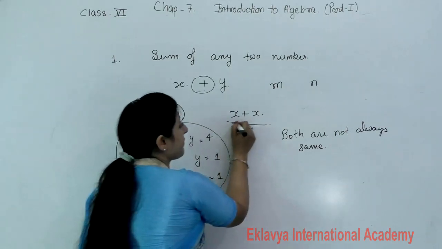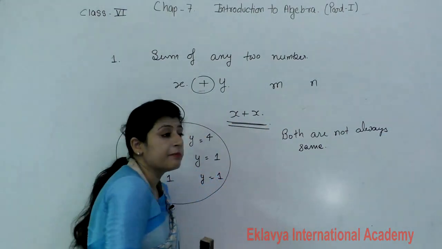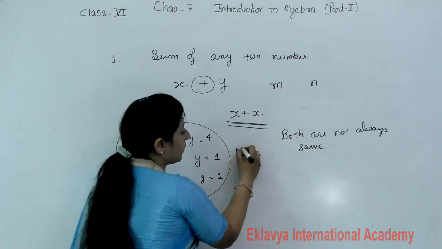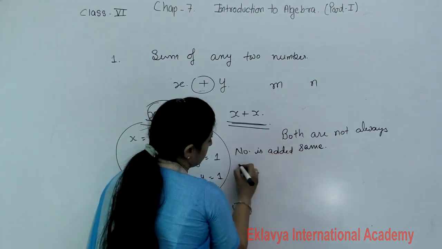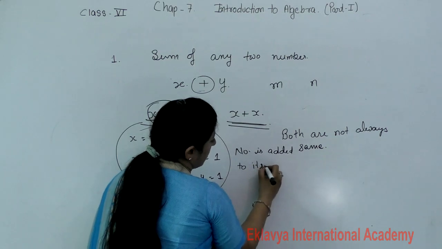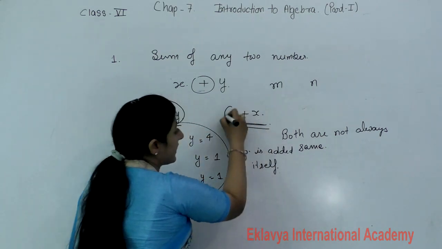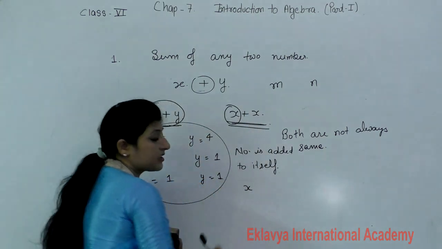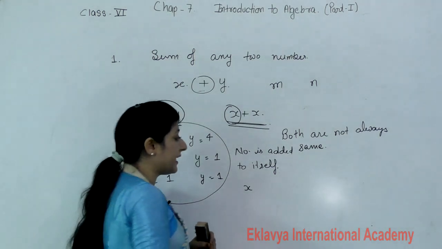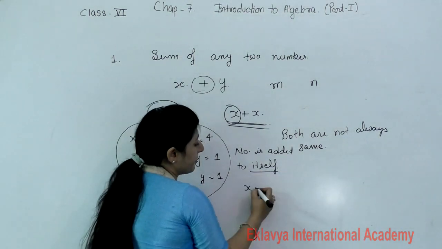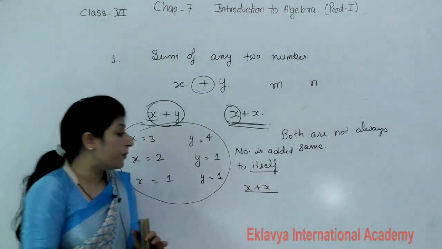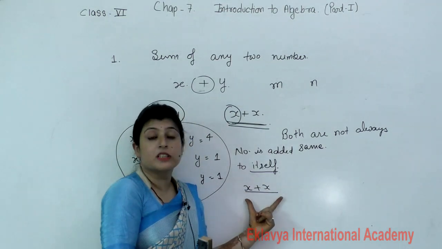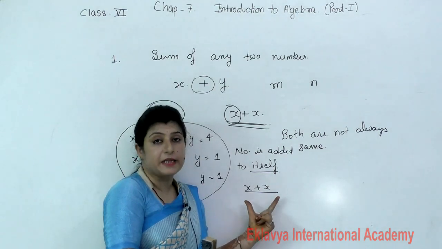But what is the meaning of this? That number is added to itself. Means in this number x, one another number added, but same number is added to itself. So it is sure that both the number are same here.